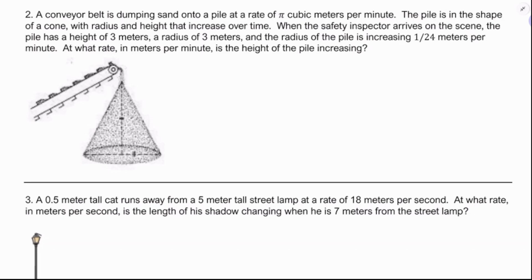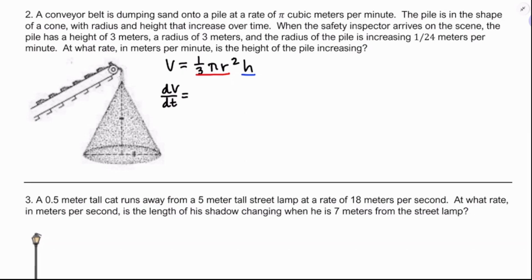Right, so we're going to start with the same idea. Volume equals 1/3 pi radius squared multiplied by the height. But this time we don't have any similarity relationship, so we just have to take the derivative using the product rule. So I'm going to look at this as the product of 1/3 pi r squared and h.